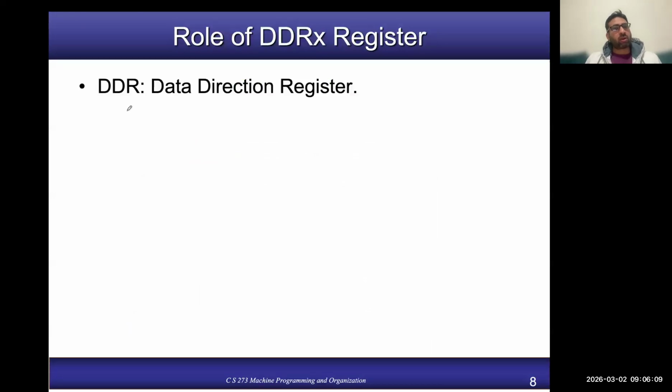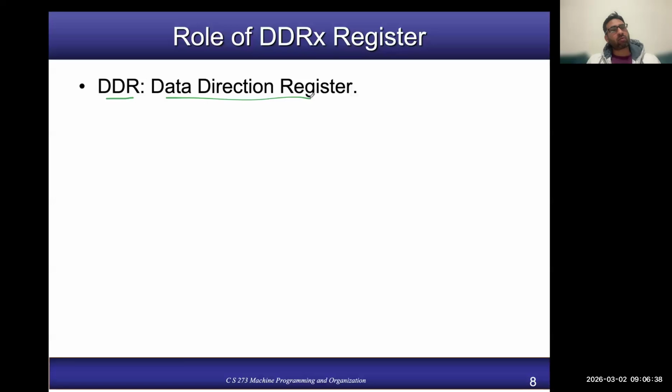So what is the job of the DDR register? DDR basically stands for data direction register. And the thing is that each port, or to be more correct, each pin of each port can be used in two modes, input mode or output mode. Input mode means that you want to read data from some external device or from some external sensor into the internal register of the microcontroller.